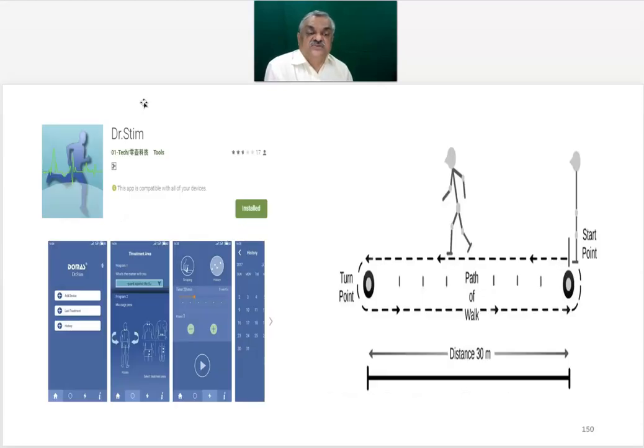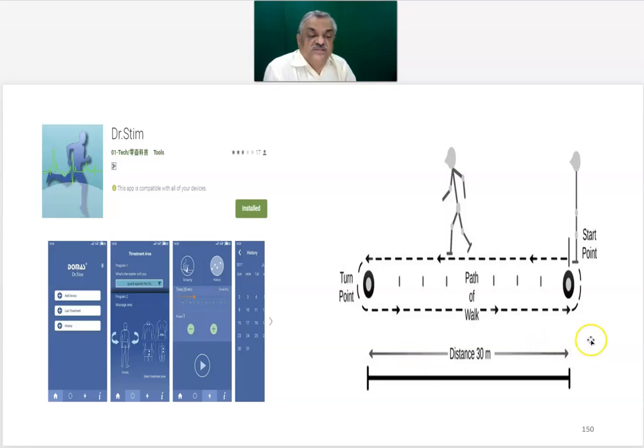The second test which we normally advise to the patient is a 6-minute walking test. A 6-minute walking test, or a walking test with an app on your phone where you find out how much you are able to walk, is very helpful. So you start walking, you go around the turning point and come back, and then you continue walking.